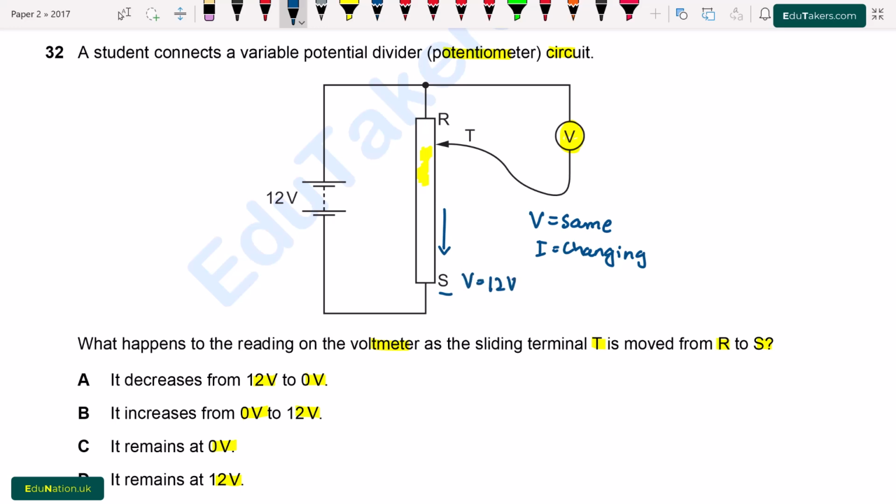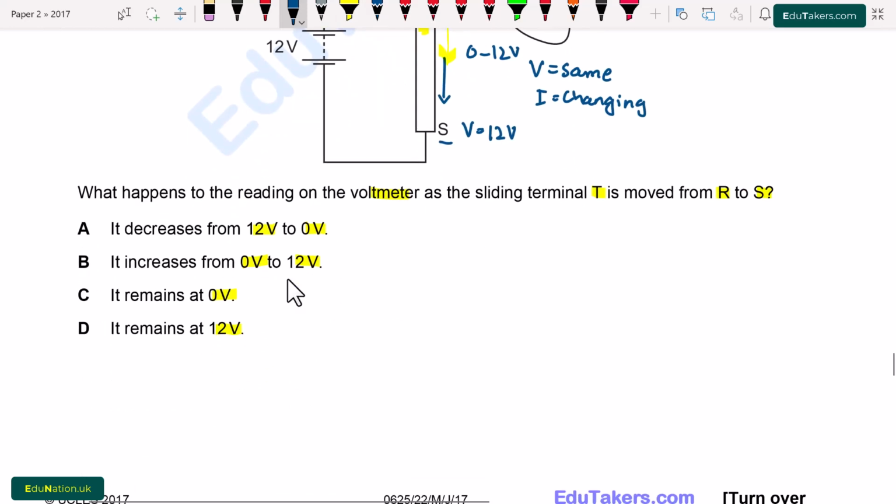It means that as this contact is moving from R towards S, the value of the potential increases from 0 volt to 12 volt. Now we see the options. Option B is given, which shows that it increases from 0 volt to 12 volt. So option B is correct.